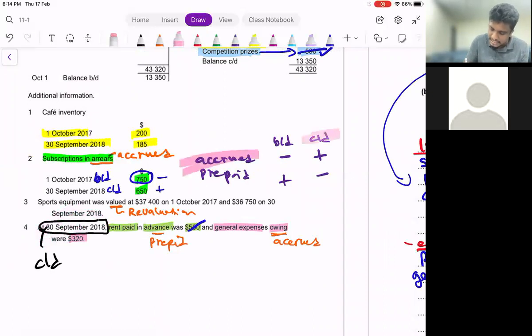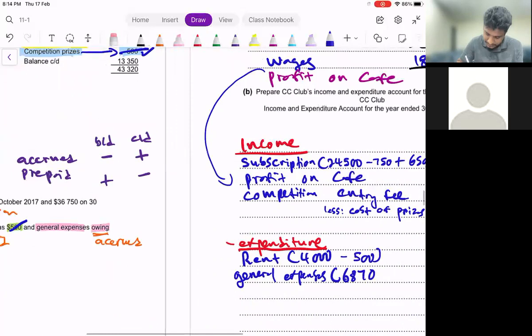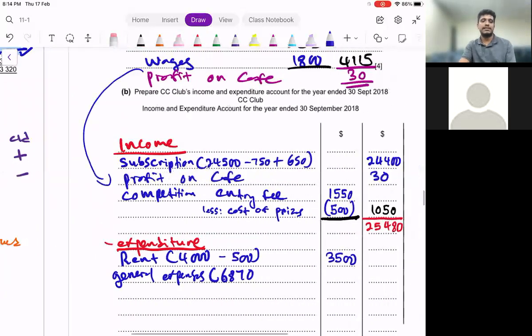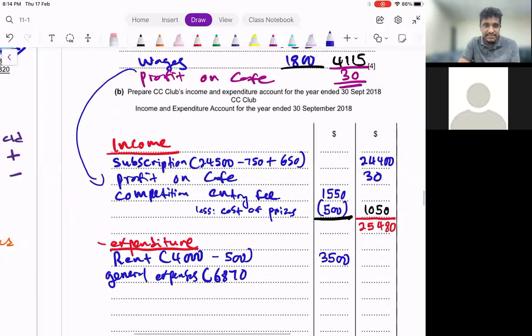Accrued closing will be plus. How much? 320. So 6870 you need to plus with 320. I will get 7190.